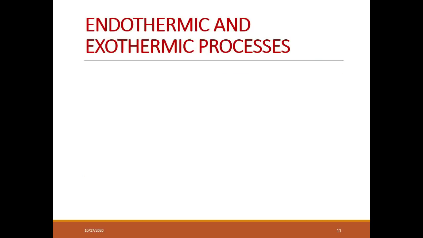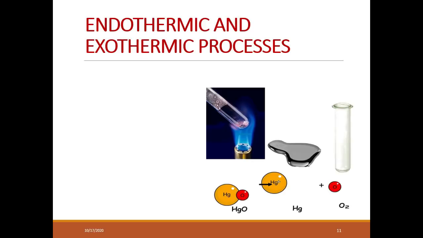Almost all chemical reactions absorb or release energy, generally in the form of heat. The processes involved in the reactions are either exothermic or endothermic. So this example is when mercuric oxide is heated.